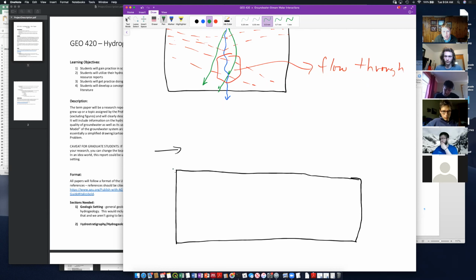I can have hyporheic flow that are short flow paths, some that are long.